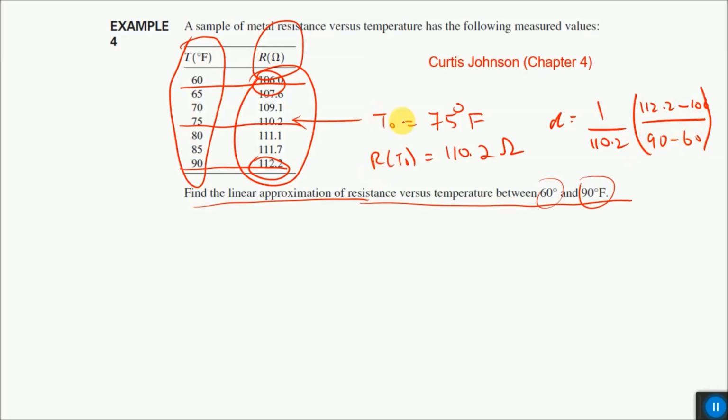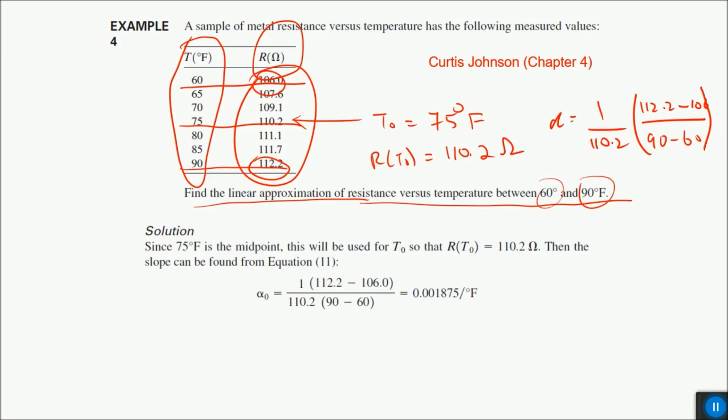So we have RT naught, T naught, alpha, and now we can find the relationship between resistance and the temperature.